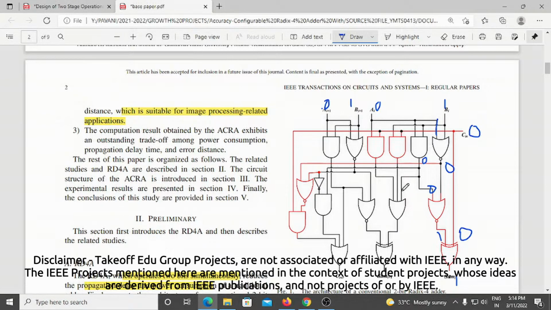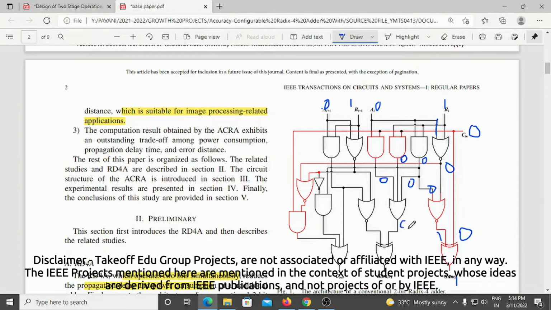Okay, next we are calculating another one. Here the input is 0, and from here also it becomes 0, and here also we are getting 0.